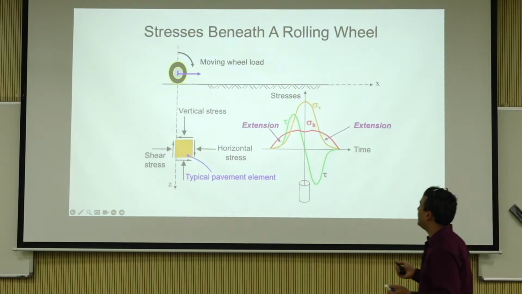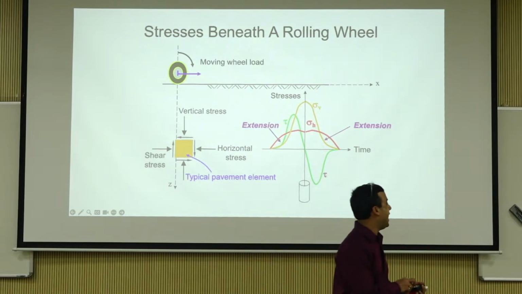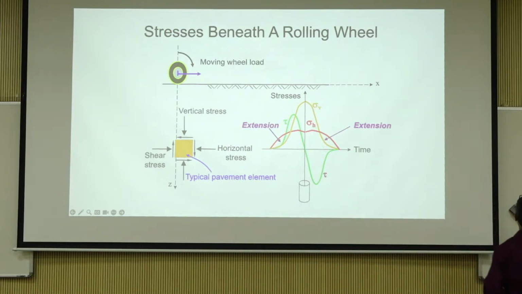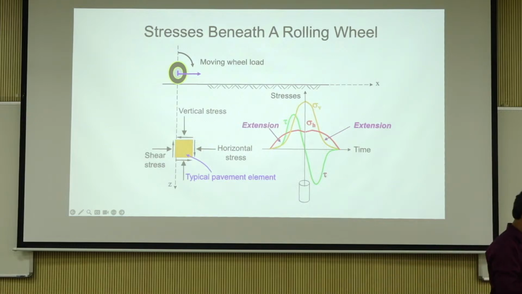This is another very important thing for us to keep track of when we go forward, and I'm going to show this to you in a couple of different ways. When there is a moving wheel load, let's take a look at how a soil element feels it.